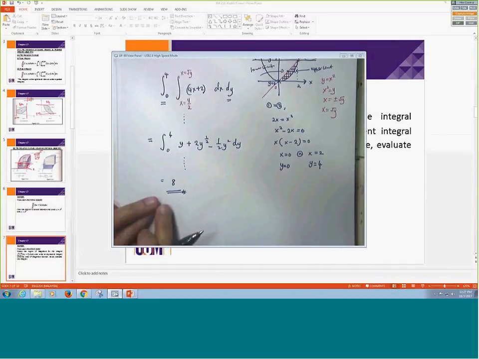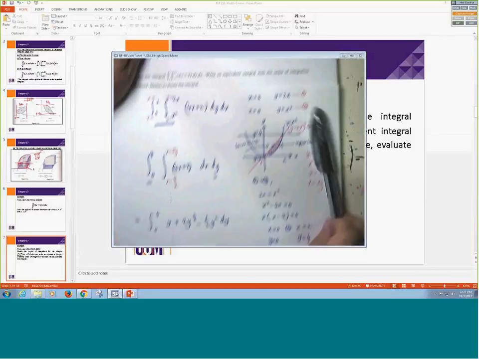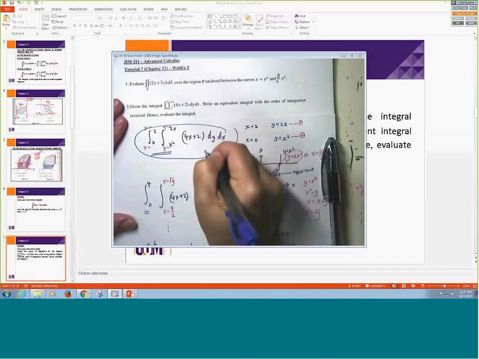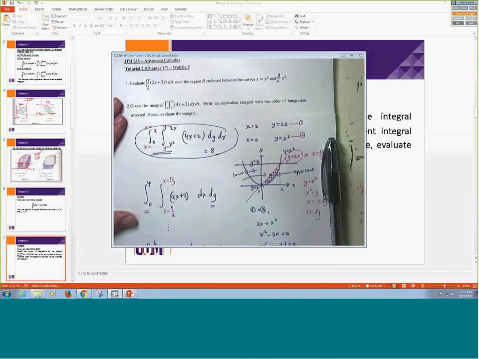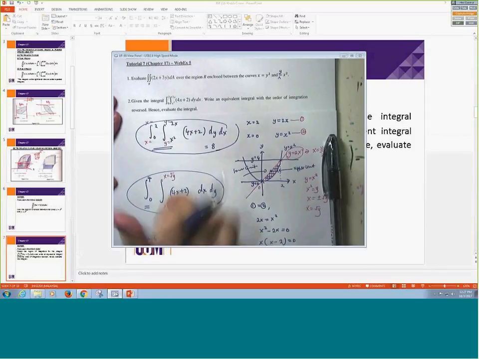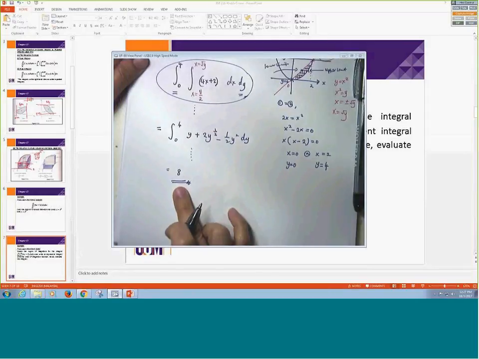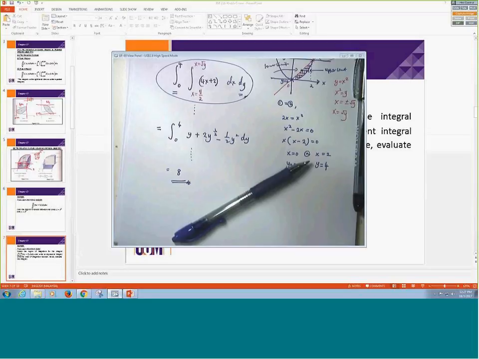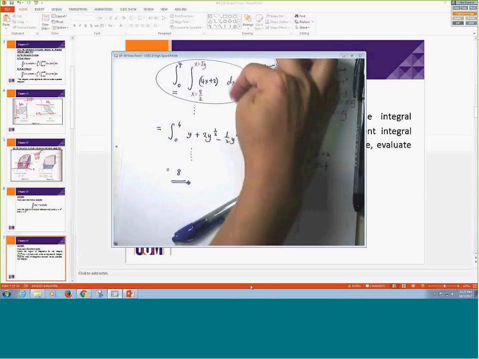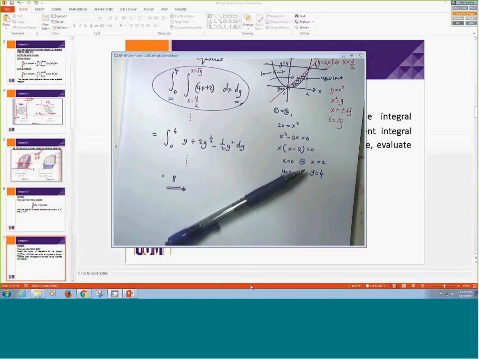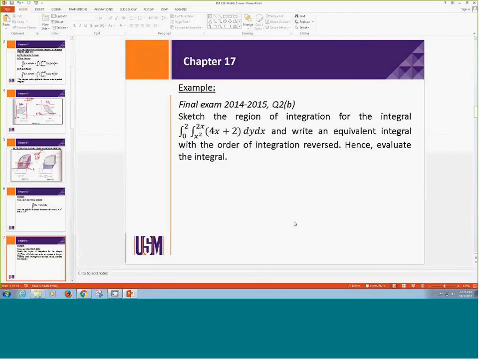If you solve the original dy dx directly, you should get the same answer 8. And if you solve the reversed order of integration, it is equivalent, so you get the same answer 8. Why do we want to do the reverse? Because in some cases, when you reverse, it is easier to get the answer.